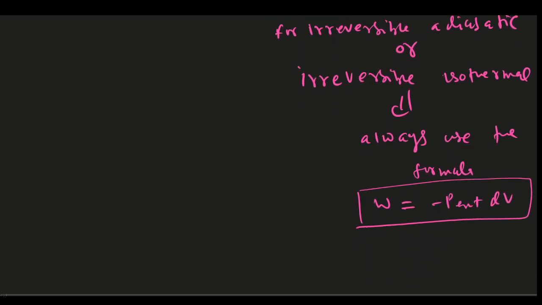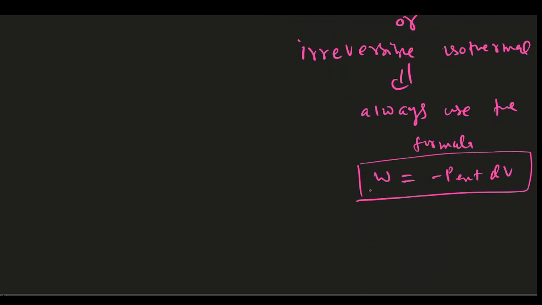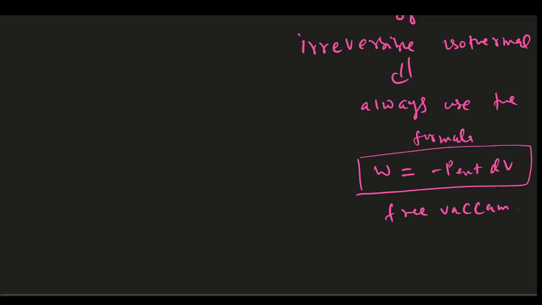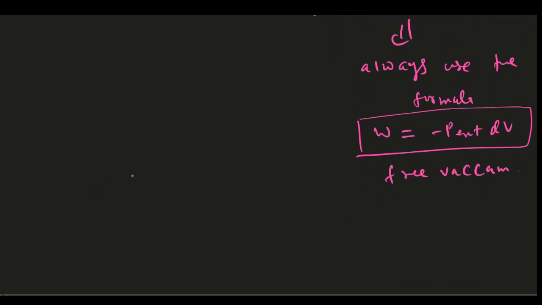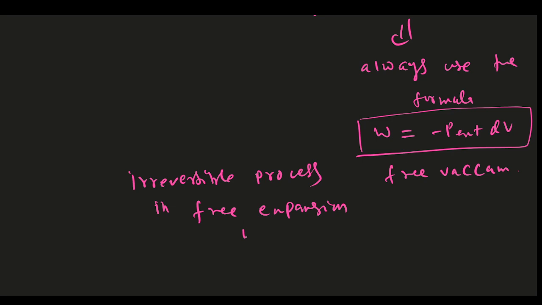So this formula is always true except if it is happening in free expansion. If it says irreversible process in free expansion, it means it is happening in vacuum. Vacuum means no air.